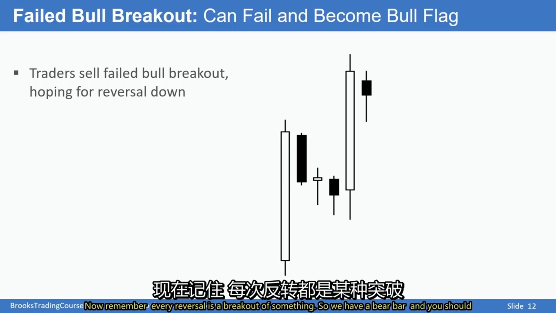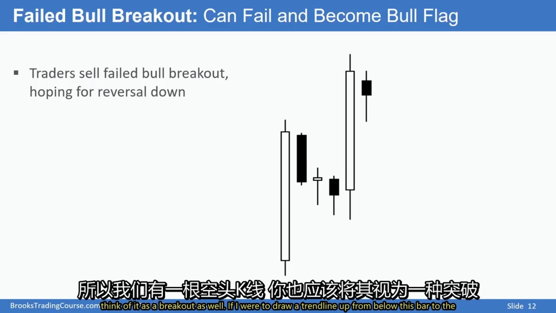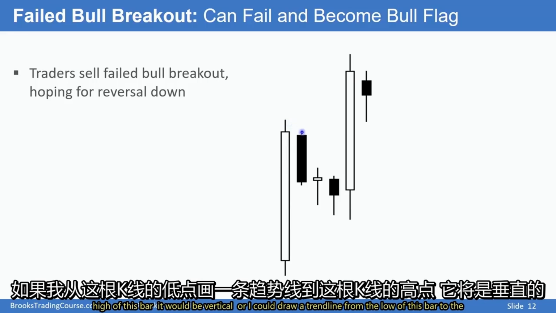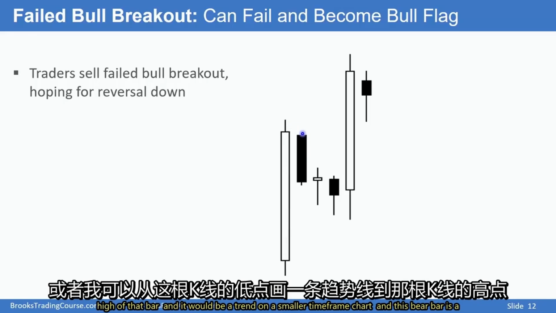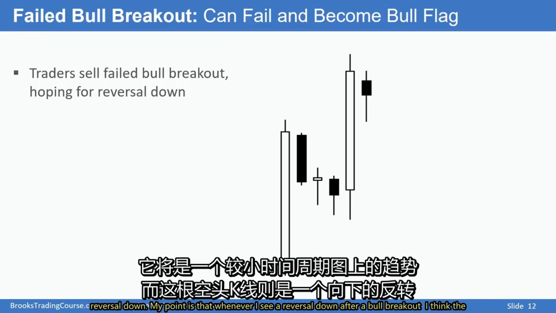Now remember, every reversal is a breakout of something. So we have a bear bar, and you should think of it as a breakout as well. If I were to draw a trend line up from the low of this bar to the high of this bar, it would be vertical. Or I could draw a trend line from the low of this bar to the high of that bar, and it would be a trend on a smaller time frame chart, and this bear bar is a reversal down.